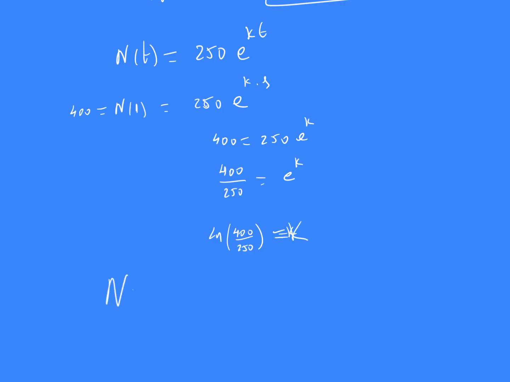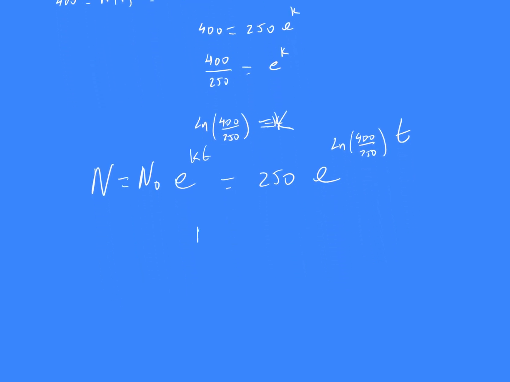The solution is N equal N0 e to the kt, where N0 is 250, e to the natural log of 400 divided by 250 times t. This is the solution, N of t.